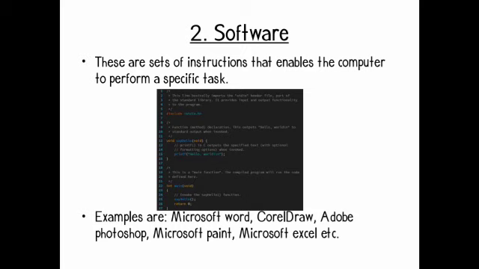All those sets of instructions are written to enable the computer to carry out one or two tasks. Examples of this software are Microsoft Word, CorelDRAW, Adobe Photoshop, Microsoft Paint, Microsoft Excel, and so on and so forth. So there are lots of software.